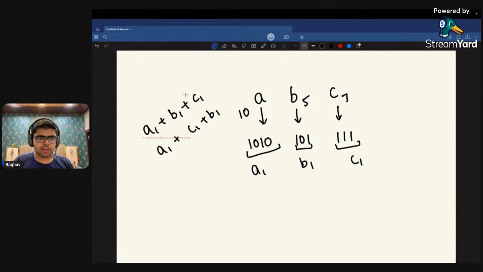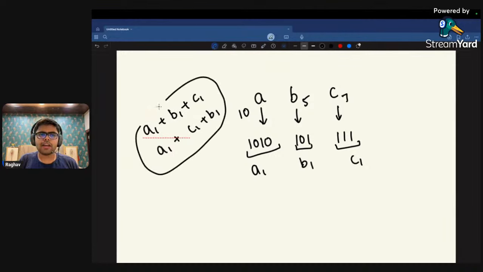I know there are three integers, so there will be six possible combinations for concatenating them. Let's say we concatenated them as a1 plus b1 plus c1. Then the final binary representation, the new number we will have, will be 1010 101 111.